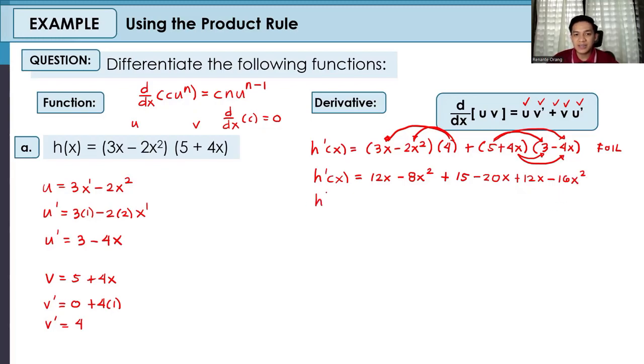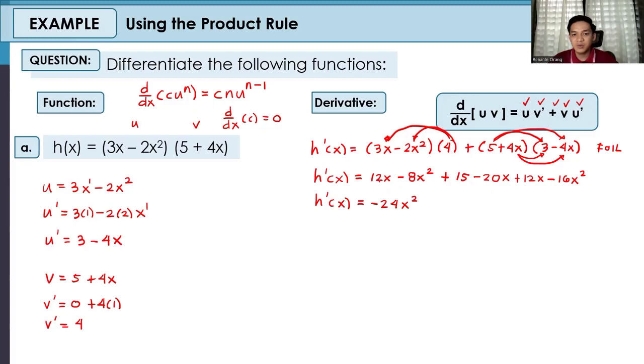Simplify natin ulit class, that is h prime of x is equivalent to, combine like terms natin, then ilagay natin sa front yung mas malaki yung kanilang exponent. We have negative 8x squared minus 16x squared, that is equivalent to negative 24x squared. Tapos na tayo dito, tsaka dito.